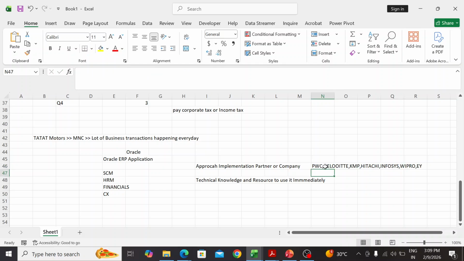All these companies are software implementing companies. What are they doing? They have practices of Oracle and SAP. Practices means a separate department or wing, like us. We have an Oracle ERP practice in our organization.